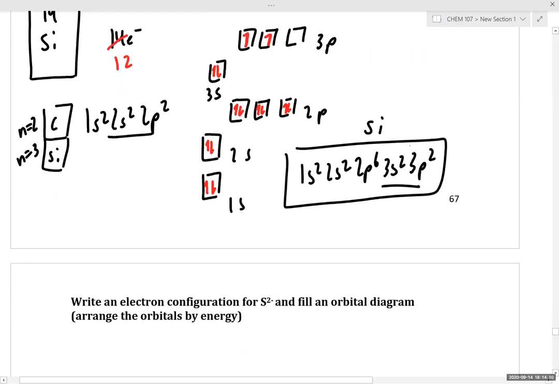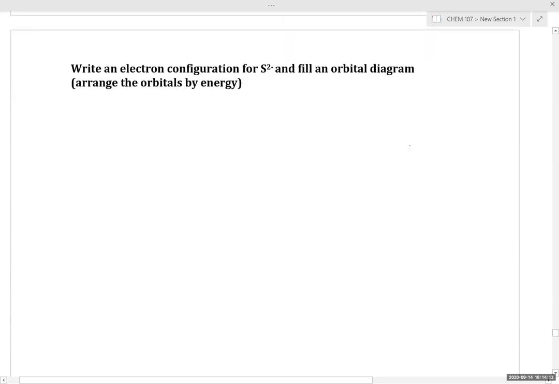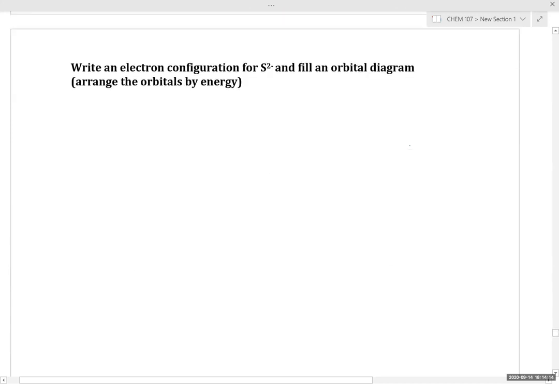If not, let's keep going and look at the electron configuration for sulfur 2- and fill in an orbital diagram. Again, practice makes perfect. Many of the examples in these notes can be directly copied onto your lab report, so these have been pretty carefully designed for that.